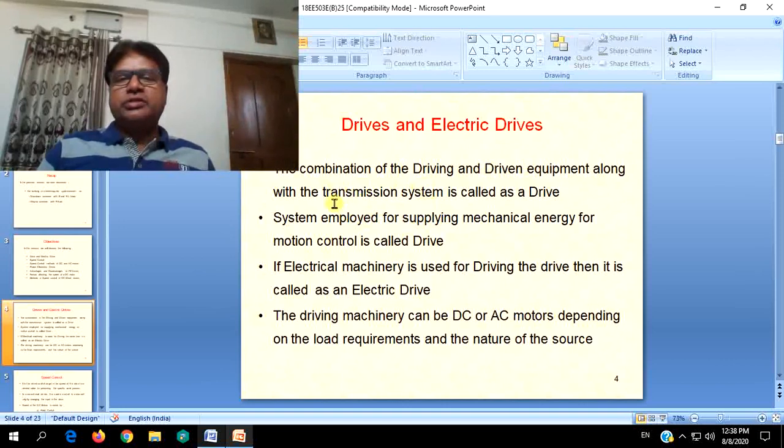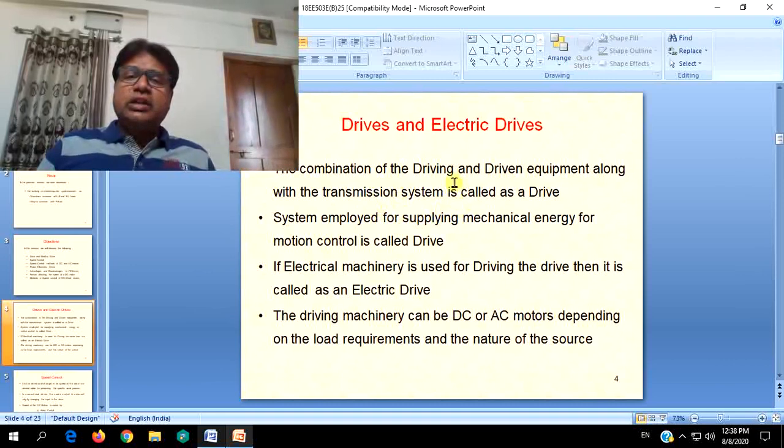So the transmission system should be capable of transmitting the rotational energy or the mechanical output coming out of this driving equipment to drive the load in the given fashion. And it can also be said that a drive is a system employed for supplying mechanical energy for motion. So a system employed for supplying mechanical energy for motion is called a drive.